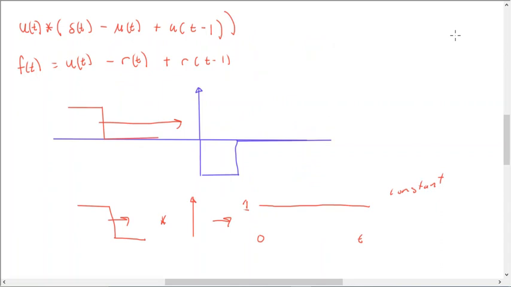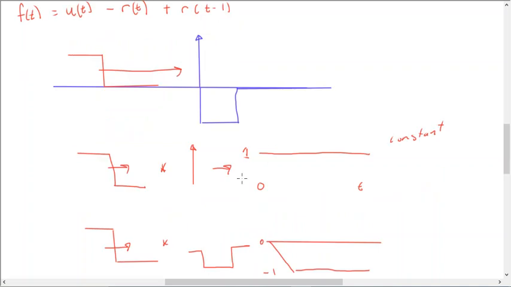Now, let's do another one, maybe a little more complicated, where we're convolving a step with a delta minus a rectangle. So this is the delta, this is the minus rectangle. And what we can do is break it up. Let's just do the step convolved with the delta function.